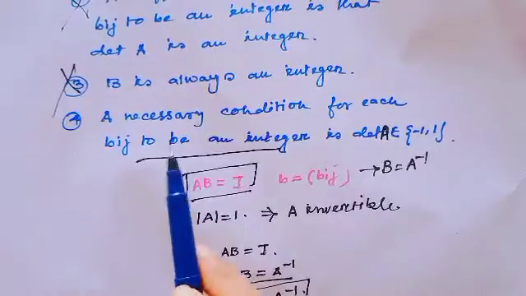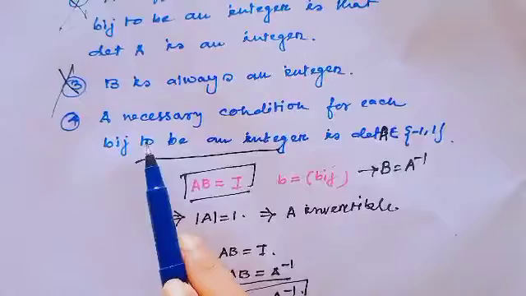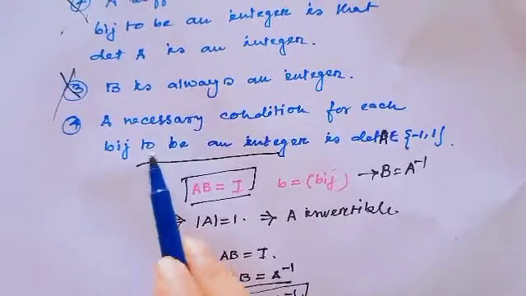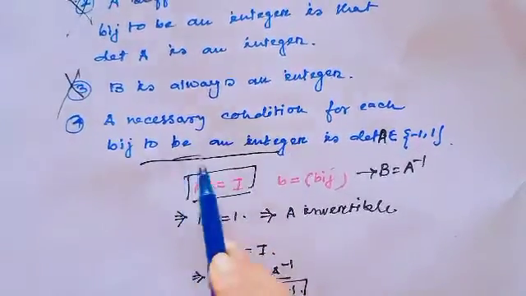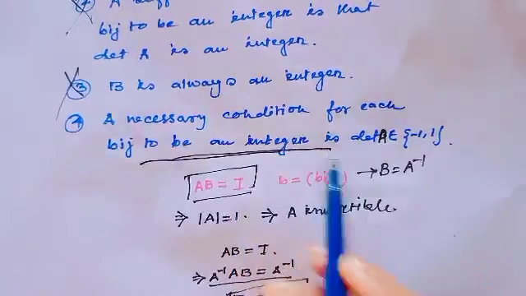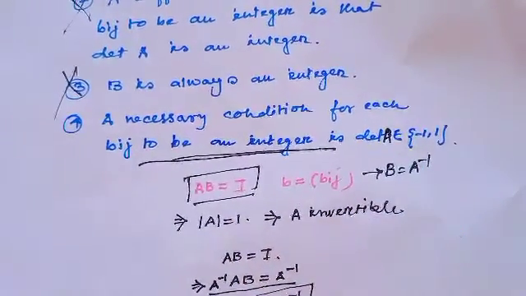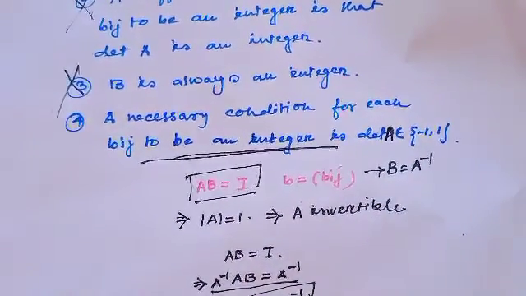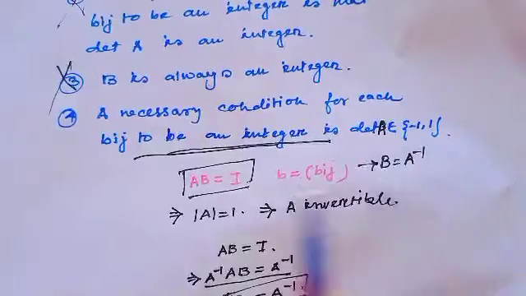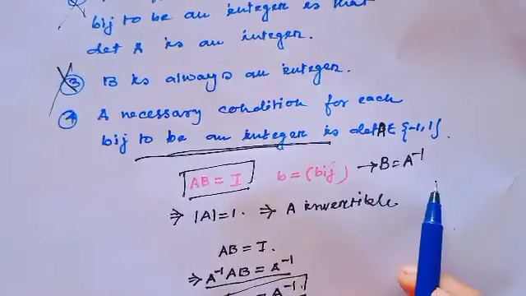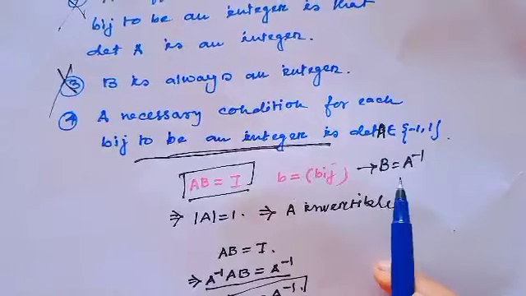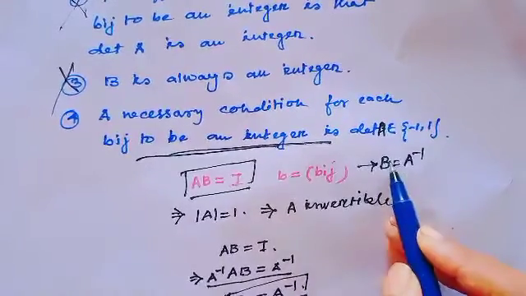Option 4 is a very interesting and very important option. Option 4 indicates a necessary condition for each Bij to be an integer is that determinant of A belongs to the set containing -1 and 1. Notice here B equal to A inverse, and all Bij are integers.